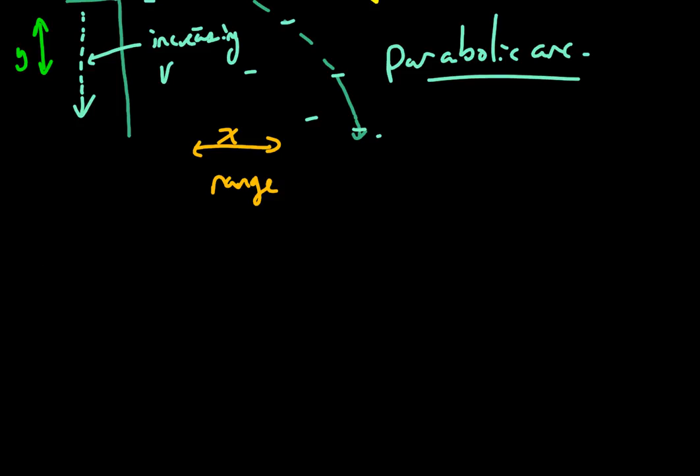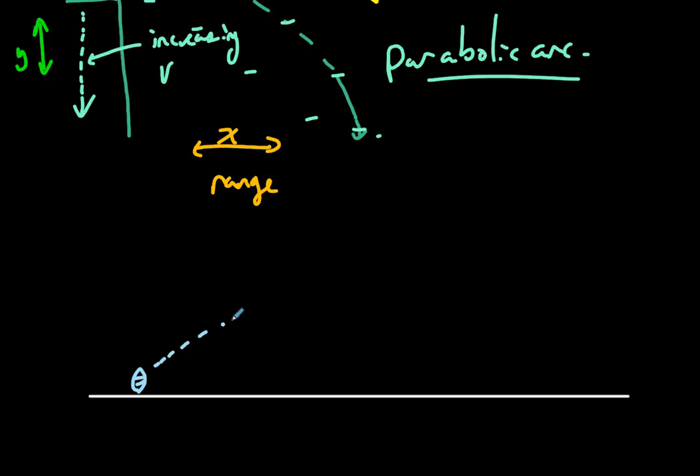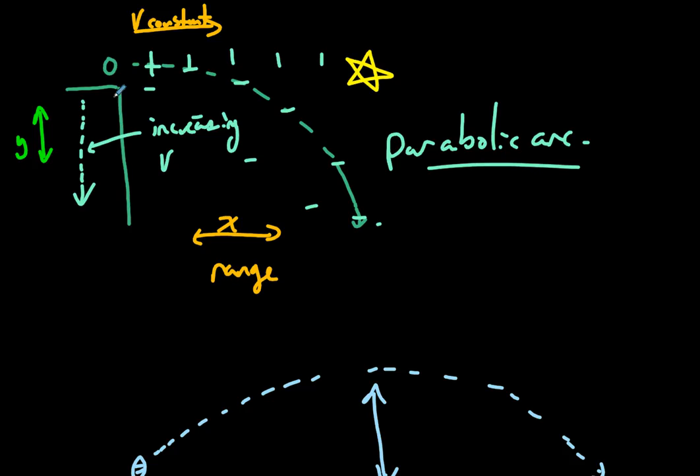And then a little bit later, we will look at a ranged projectile. So this would be something like a kicked football or a thrown baseball that is essentially launched at an angle. How does it fly? How high does it go? How far does it get? And so on. You can think of these as related.